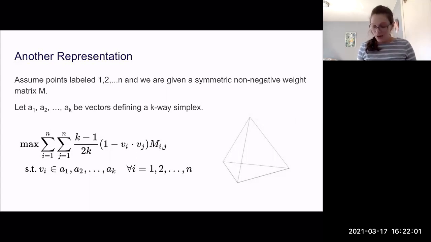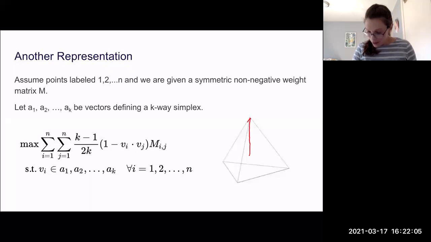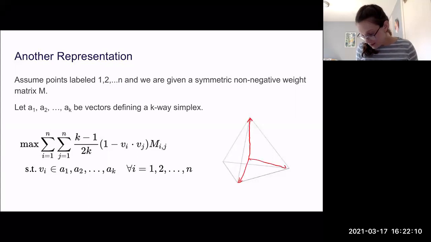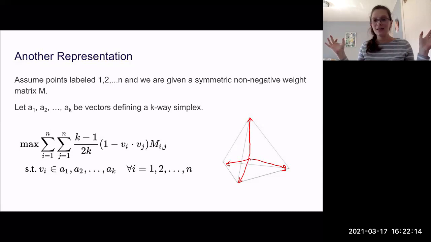So I'm going to have a k-way simplex, and I've put a 4-way simplex down here, where I'm going to have, in this case, 4 vectors that are the farthest apart that they can be.